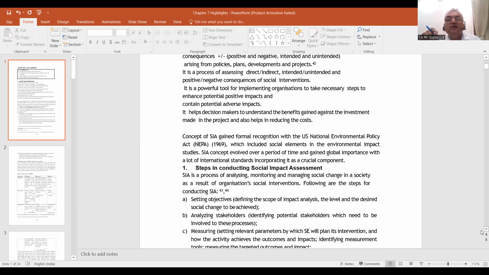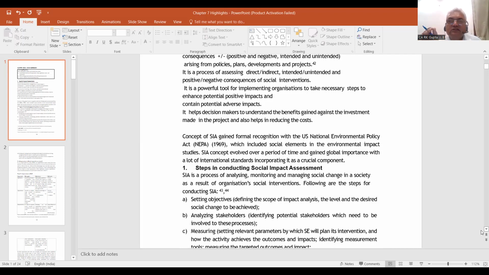Now, steps in conducting social impact assessment. So what are the steps involved? So social impact assessment is a process of... first, understand what social impact assessment means. There is an NGO and a for-profit organization. It is working towards achievement of a particular, say, sustainable development goal.